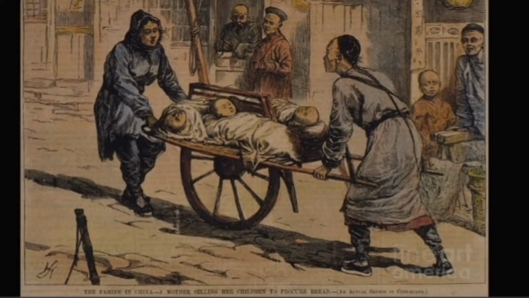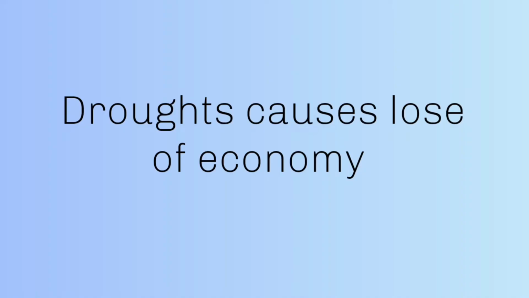Number 3. As per the Guinness World Records, the famine caused by drought in the northern China was the deadliest drought ever recorded in the history, which occurred from 1876 to 1879, killing between 9 and 13 million people. Number 4. Droughts are very expensive natural disasters.